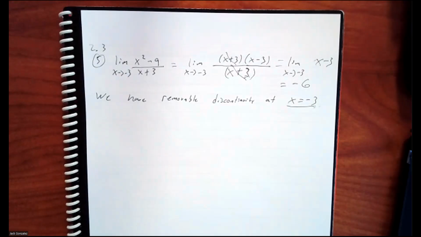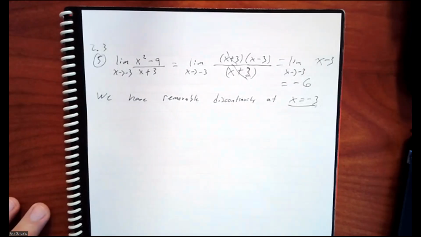That's how I remember it. Something cancels, that's going to be the point of removable discontinuity. So does limit and discontinuity really mean the same thing? No, the limit is required to show continuity. Right, remember there were 3 requirements for a function to be continuous at a point. The limit has to exist at that point.